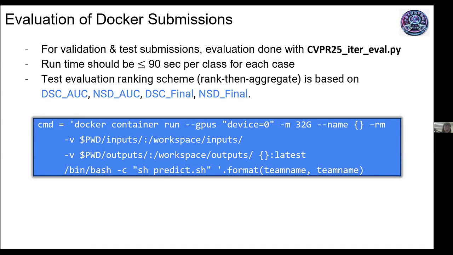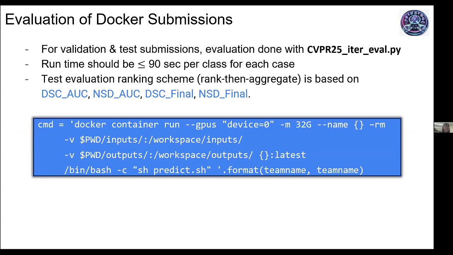Once we receive your Docker submissions, we will evaluate your code. The validation and testing submission evaluation will be done with the CVPR25 iter eval.py script, which is available on our GitHub page as well.